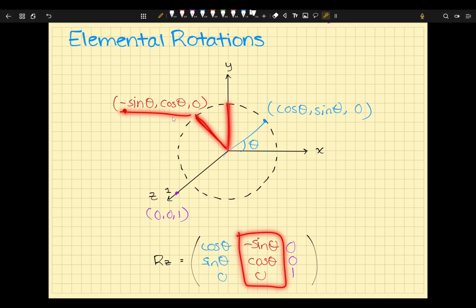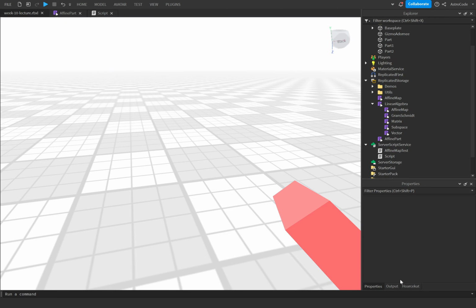Yeah, the columns of the matrix tell us where the standard basis vectors go. Okay, well, maybe I'll still show you the demonstration anyway.